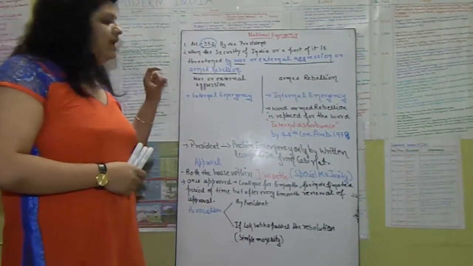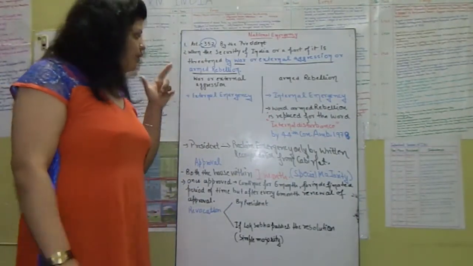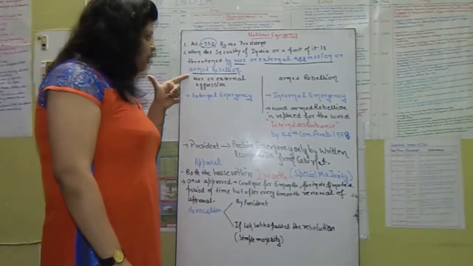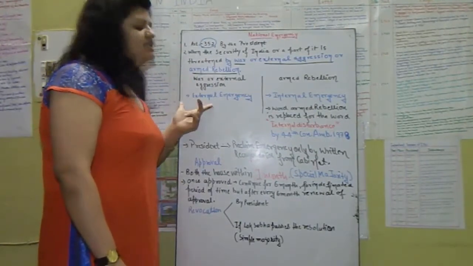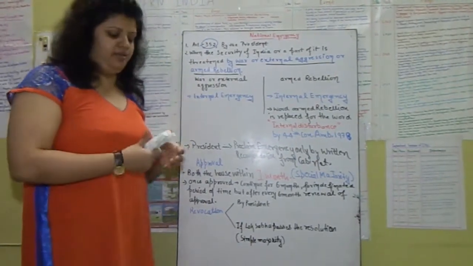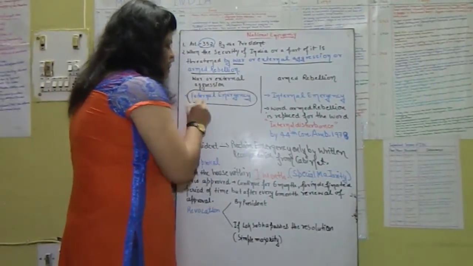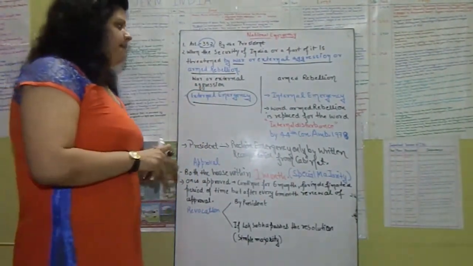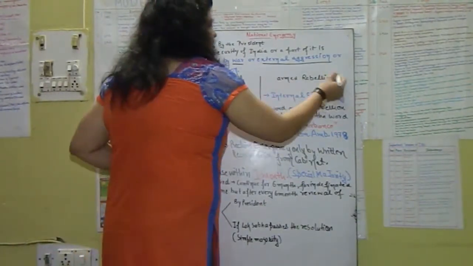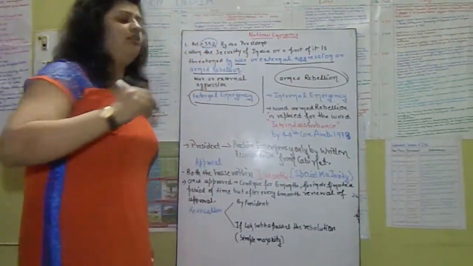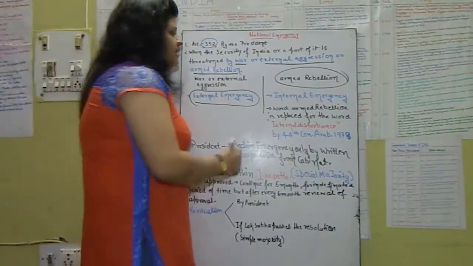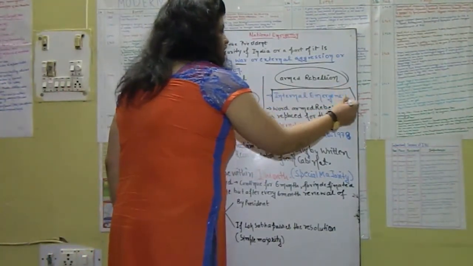Then when the national emergency is proclaimed on the basis of war or external aggression, it is called external emergency because this emergency arises from external sources. And when the national emergency is proclaimed on the basis of armed rebellion, it is called the internal emergency.